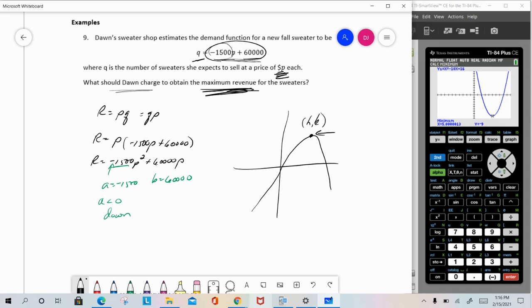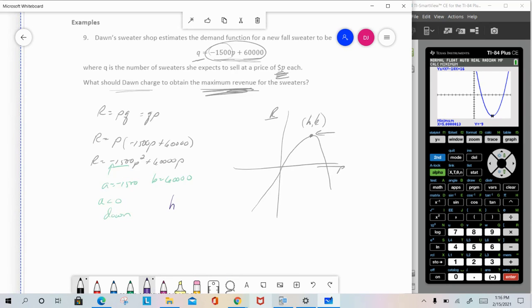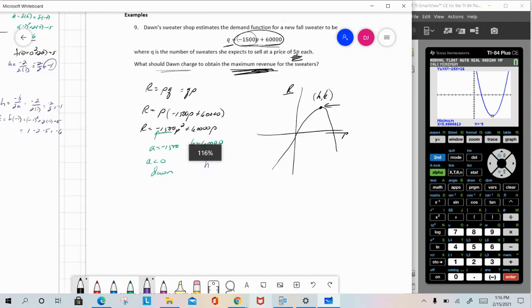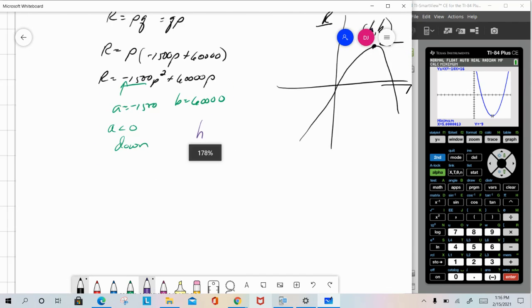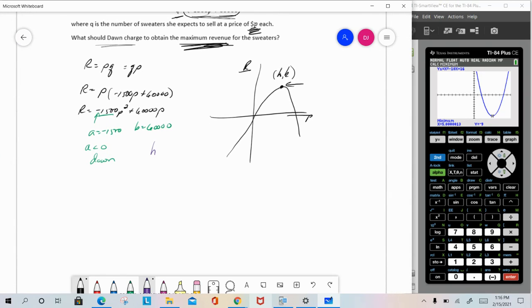So this is P and this is revenue, here's price and revenue. If the question is, what should she charge per sweater to maximize her revenue? The question is, what's the price? What's h? And remember that h is negative b over 2a.